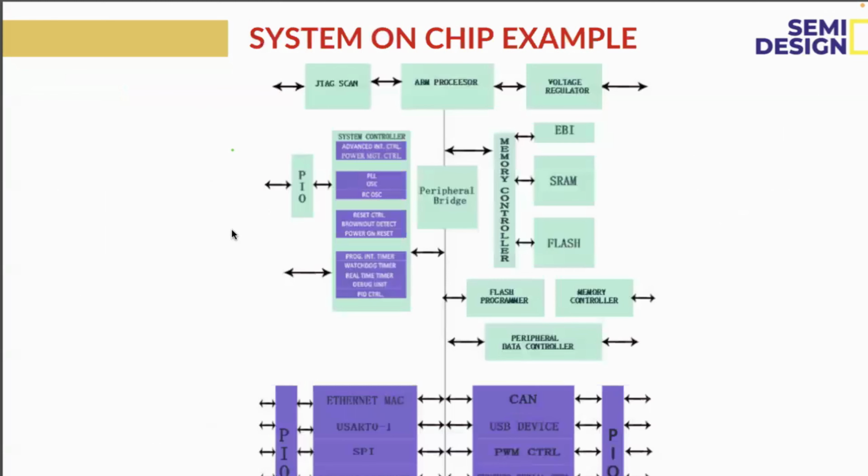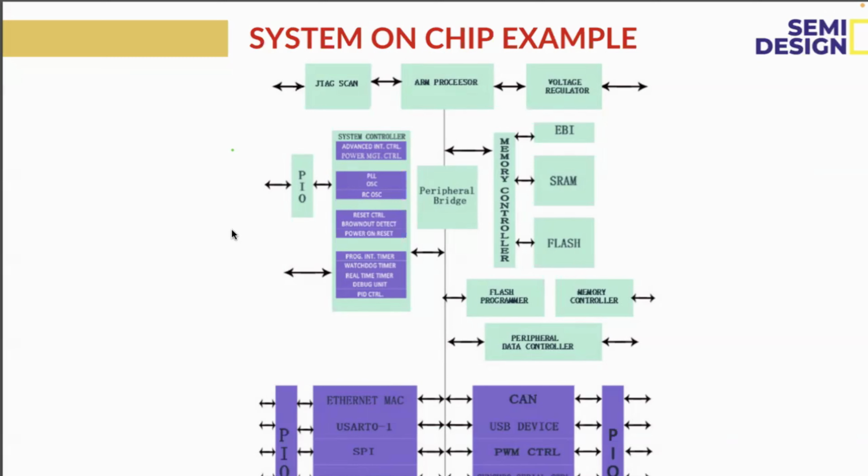Next, a system on chip example. This is just a small example. Tomorrow we'll discuss very clearly the system on chip architecture and how exactly industries use it. This is a simple example. It has JTAG, which is used to interconnect between two different devices, and an ARM processor.